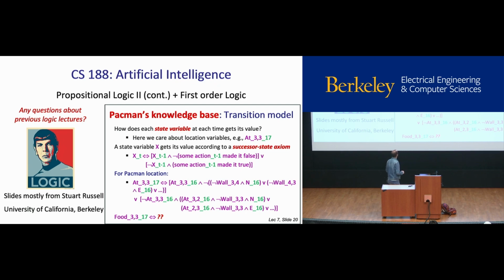And so here it is in an example. One way we might construct the sentence to provide to Pacman so that it has knowledge about its world is as follows. You will be at location 33 at time step 17 if and only if, you were there at time step 16 and one of the following two things.